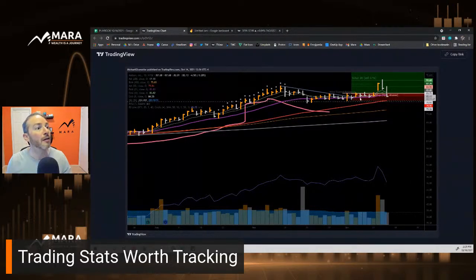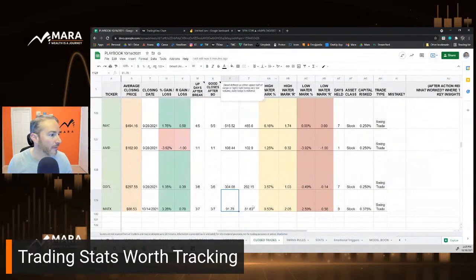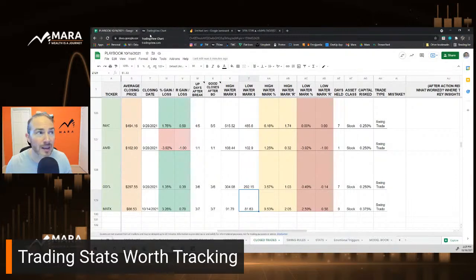If my low watermark is 81.63, how long did it take to get to the low watermark? When does the low watermark happen in the trade? Does it happen after a day, a week? How long am I in the trade for that low watermark to happen?